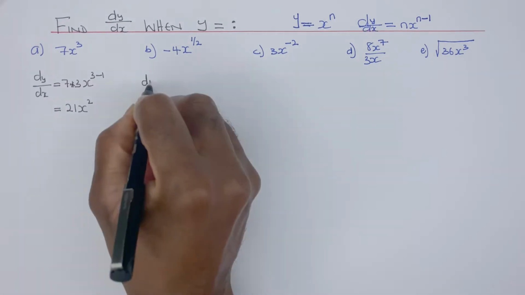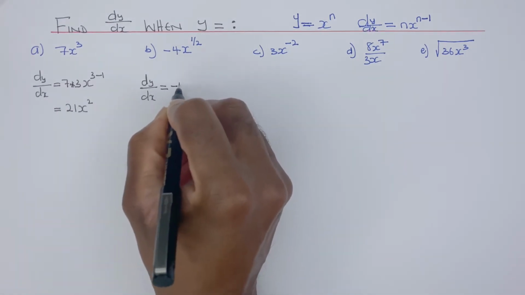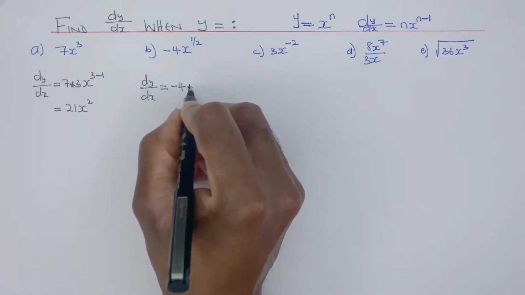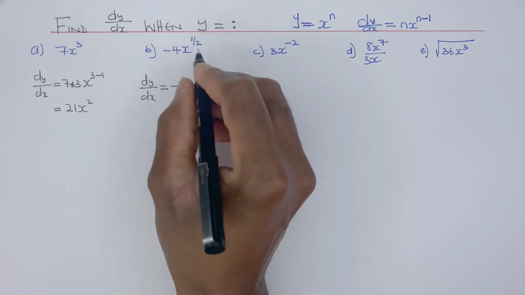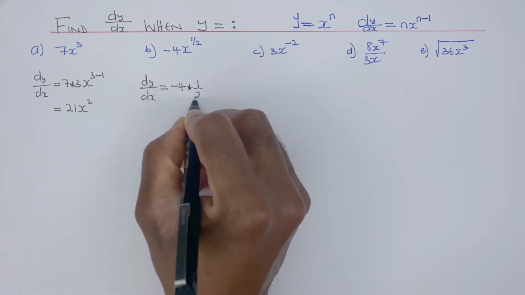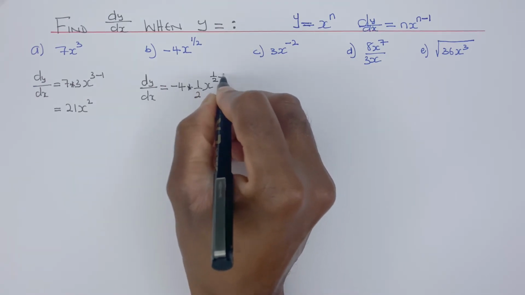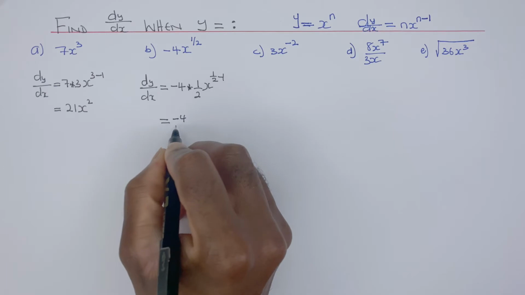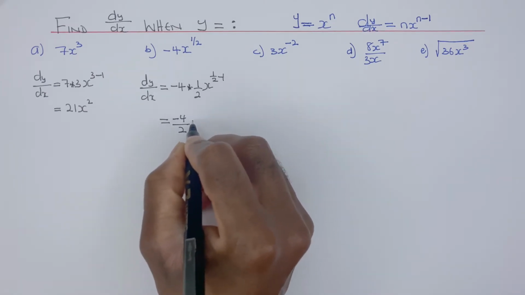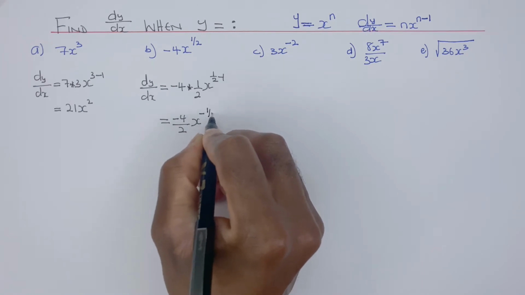For b, dy/dx will be minus 4 times, this is x to the power a half, so we bring a half down, x to the power a half minus 1, and that will be minus 4 over 2 x to the power minus a half.